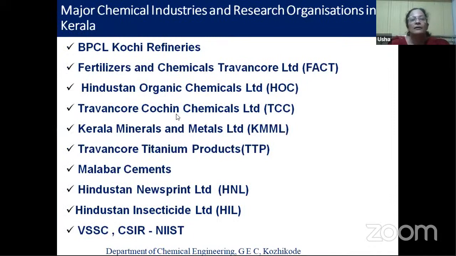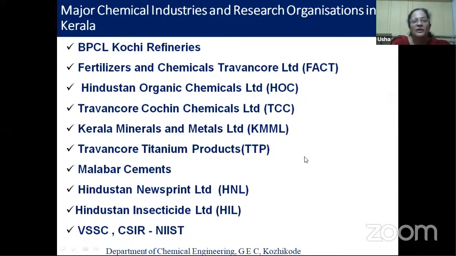Then major industries in Kerala: BPCL Kochi Refinery, which you already know, in Ambalamugal. Then Fertilisers and Chemicals Travancore, FACT, also in Udyogamandal in Ernakulam. Then Hindustan Organic Chemicals, HOCL, in Ambalamugal, Ernakulam. And Travancore Cochin Chemicals, TCC, in Udyogamandal.